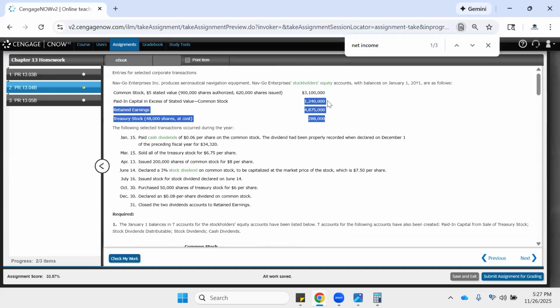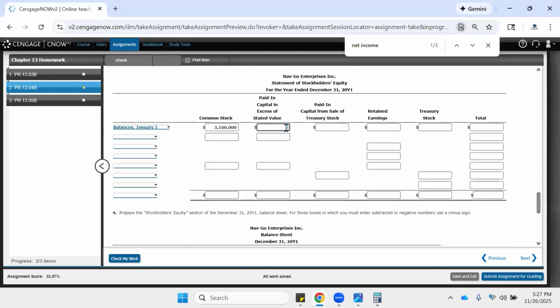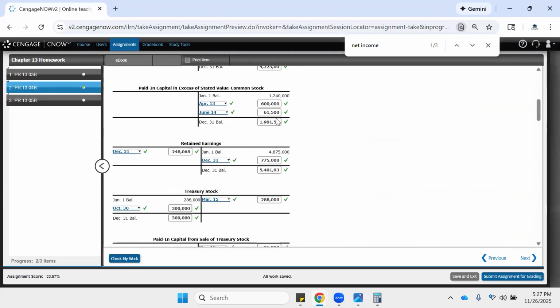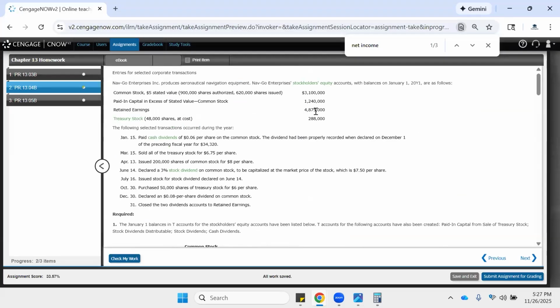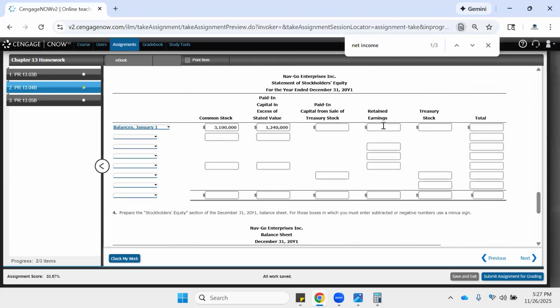Paid in capital was 1,240,000. Retained earnings of 4.8 million.